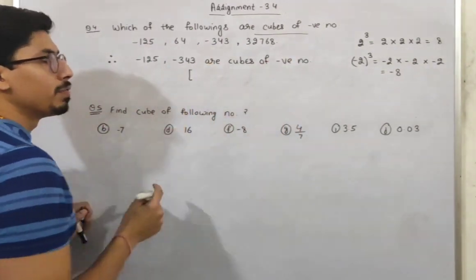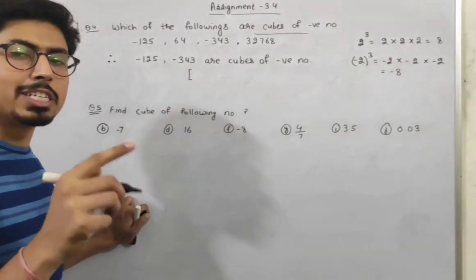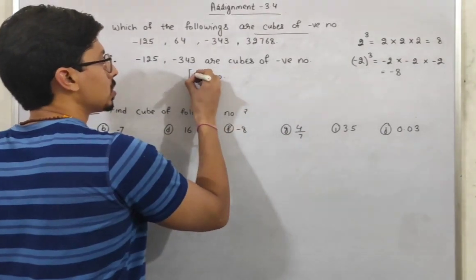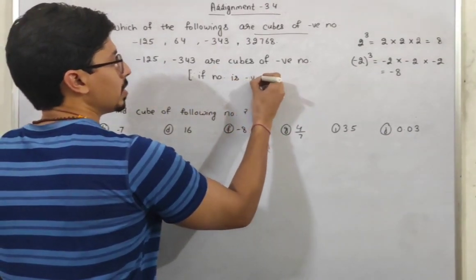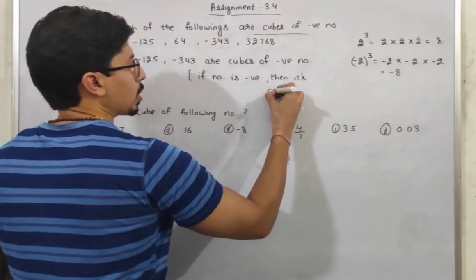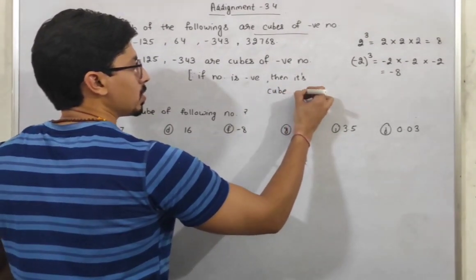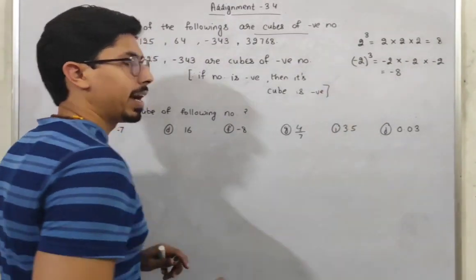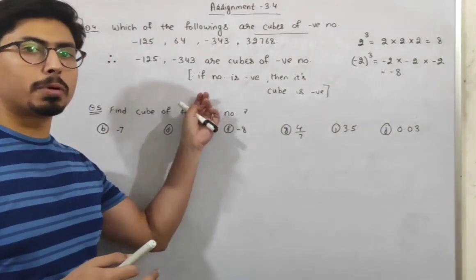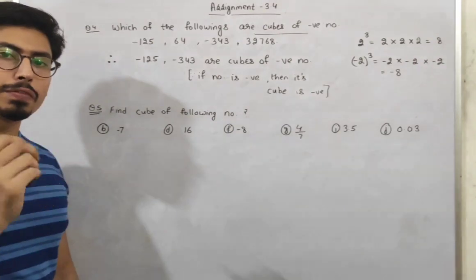Okay, students, because we know that if the number is negative, then its cube is negative. Okay, and vice versa. Vice versa means if the cube of any number is negative, then the number should also be negative. Okay, students. So moving forward to question number 5, students.